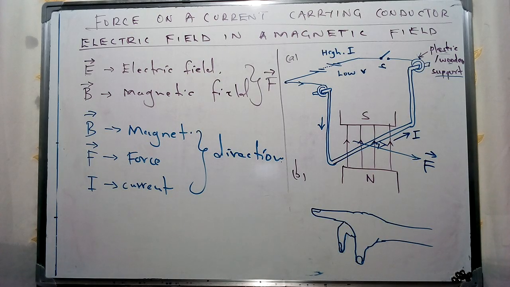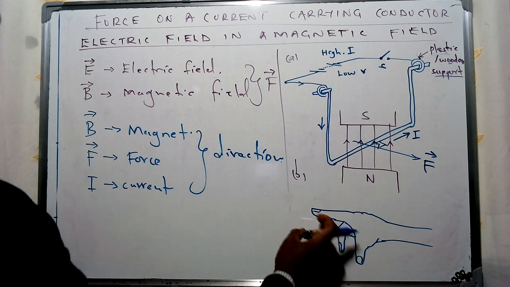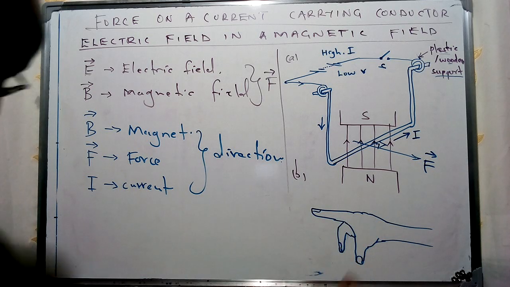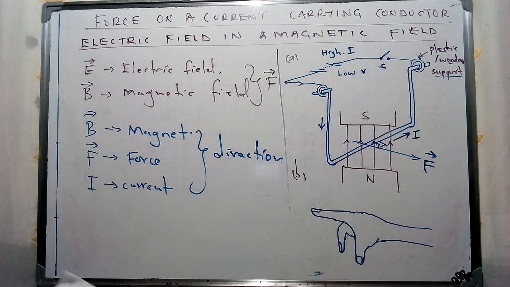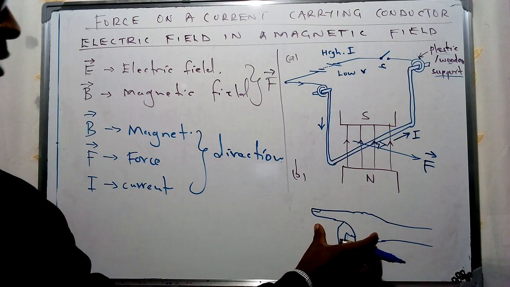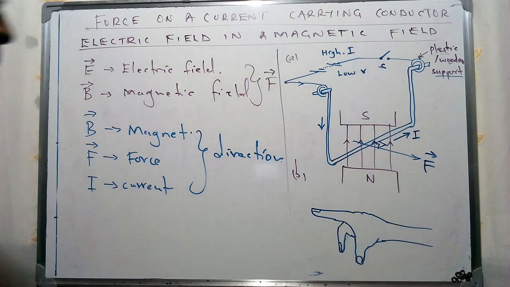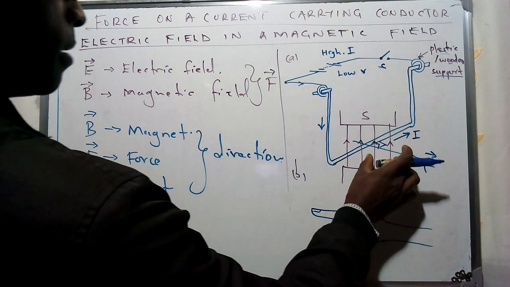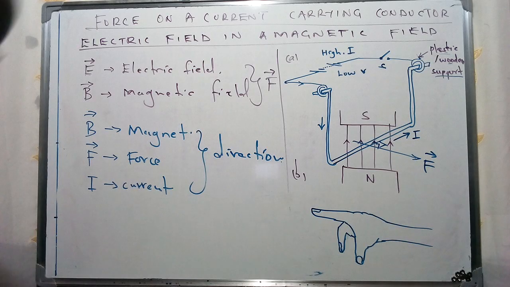So in this particular illustration, using the first finger, the second finger and the thumb, we're going to see that these specific fingers are assumed to be mutually perpendicular, as we have shown for the magnetic field, the current, and the force. When they are mutually perpendicular to each other, the first finger points in the direction of the current.